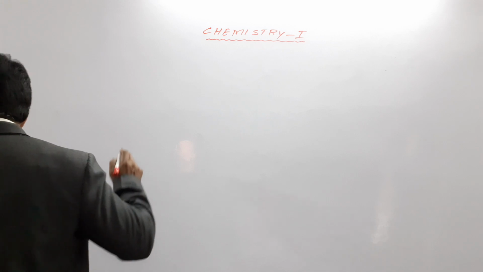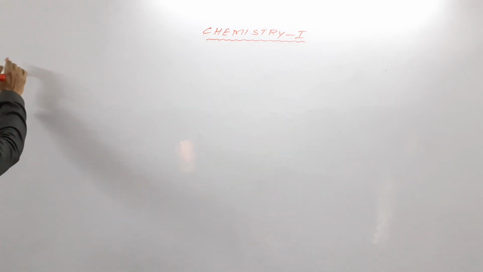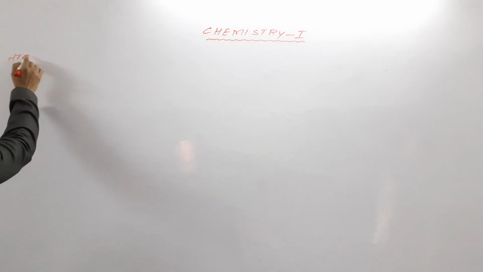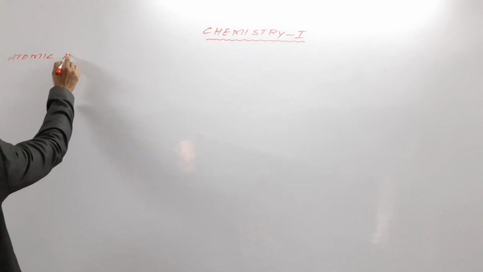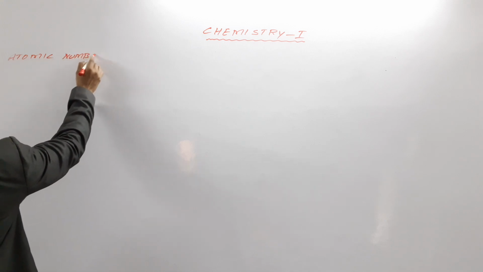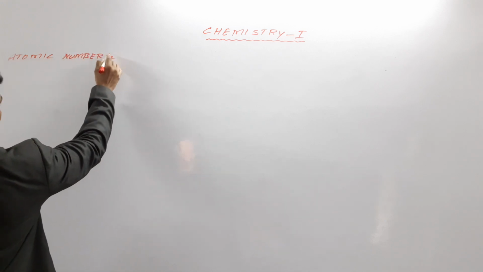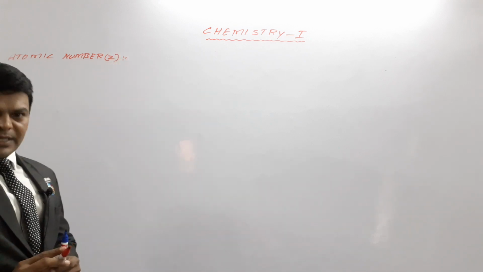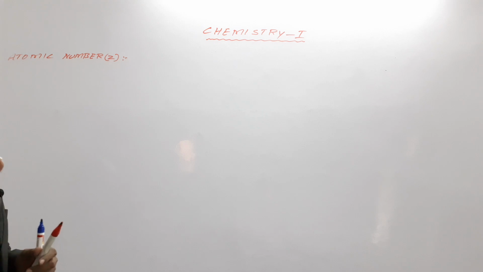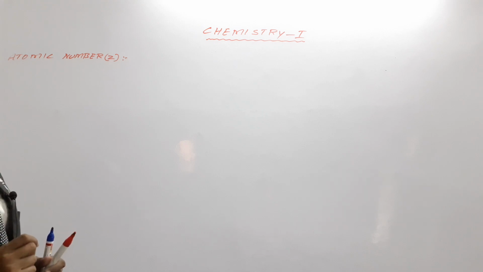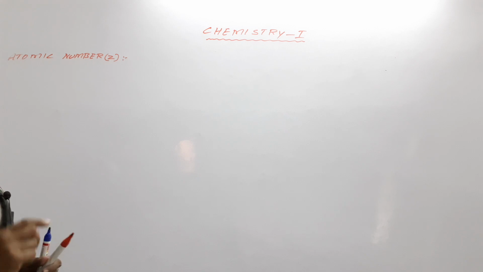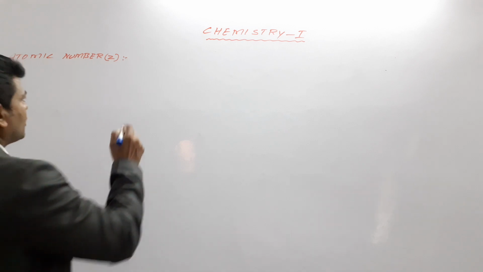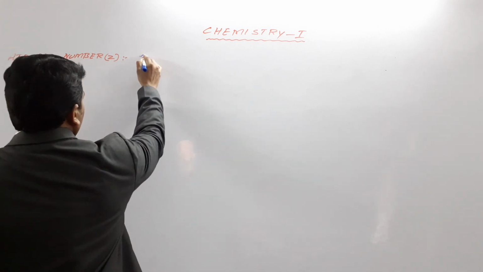See here, first we are going to discuss atomic number. It is denoted by Z. What is atomic number? The number of electrons or protons present in the atom is nothing but the atomic number.